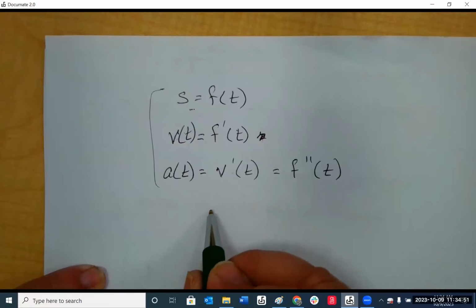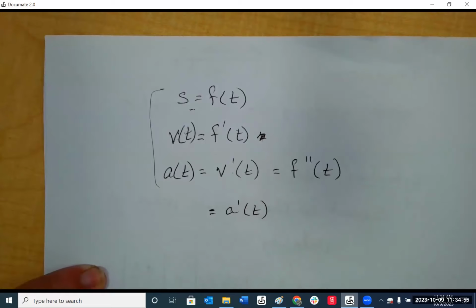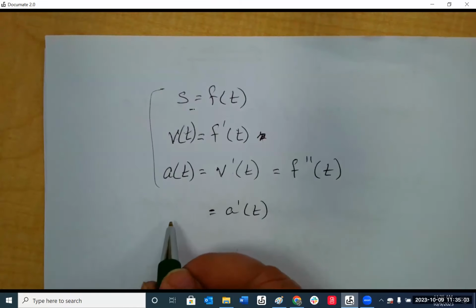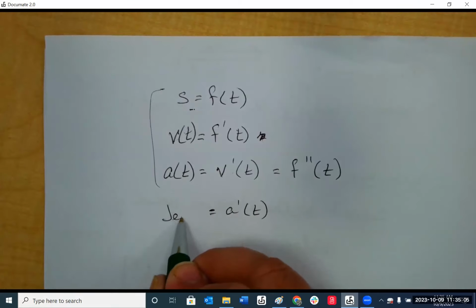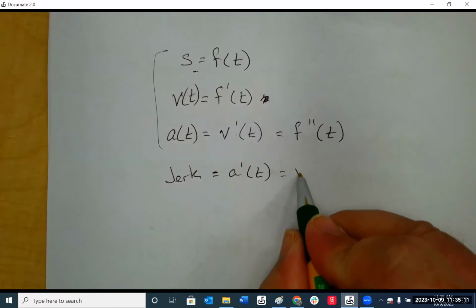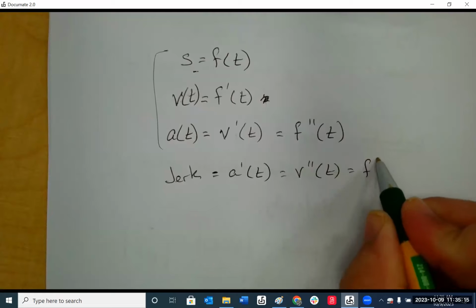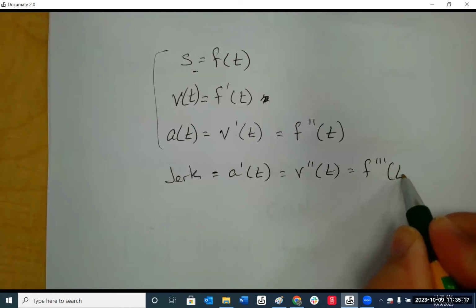But now, what is the derivative of your acceleration? That's called a jerk. It's the second derivative of your velocity. It's the third derivative of your displacement.